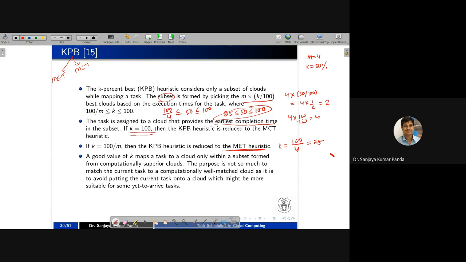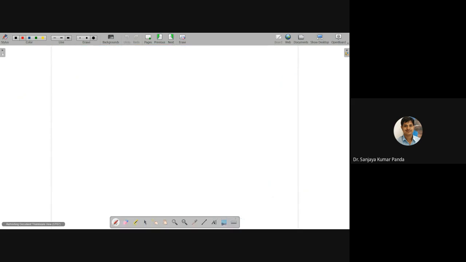Let us see one example so that this idea becomes more clear. Let me take the same example again. We consider 4 different tasks, and 4 different cloud times.